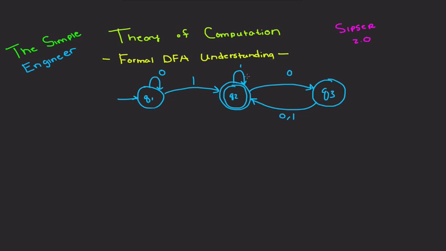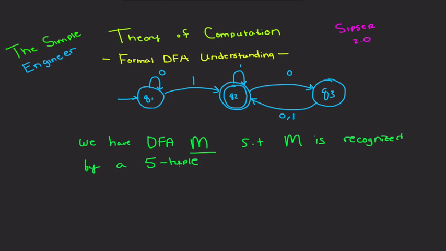So now let's do the DFA breakdown, the 5-tuple. When we describe this DFA formally, we would say, okay, we have a DFA M, and you can call it any arbitrary variable you want, but we'll call it M, such that M is recognized by a 5-tuple.